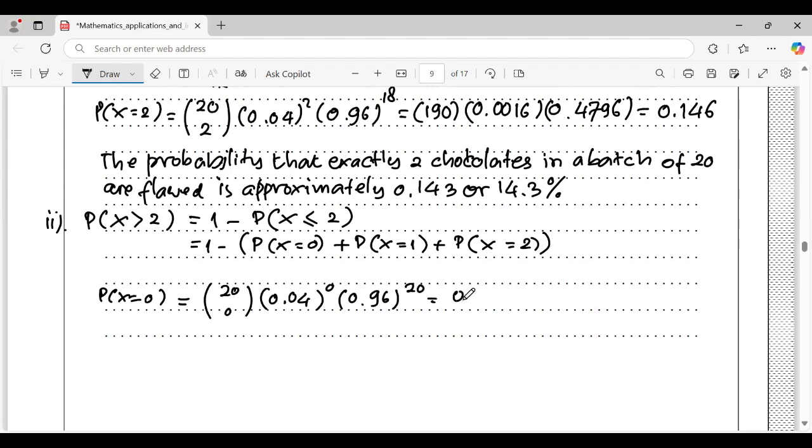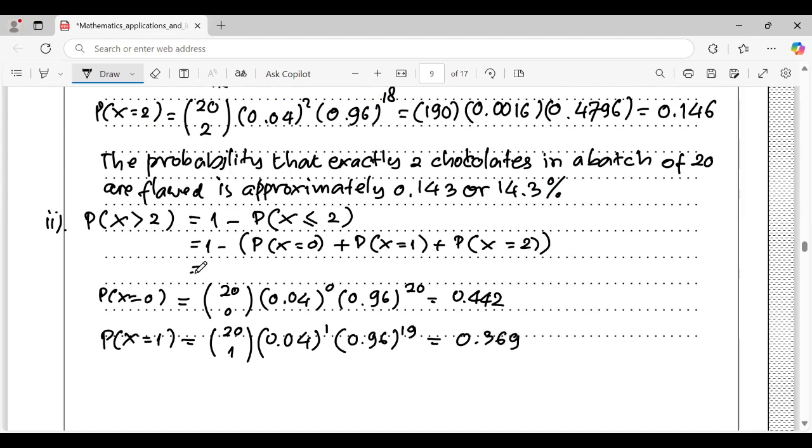And the result is 0.442. And probability x equal 1 is combination 20 and 1, times 0.04 to the power 1, times 0.96 to the power 19. And if you calculate, the result is 0.369.